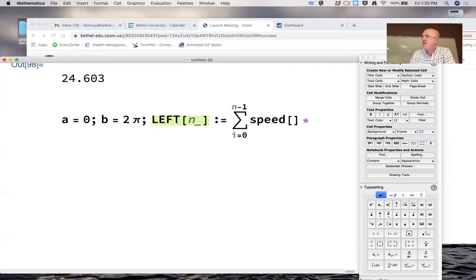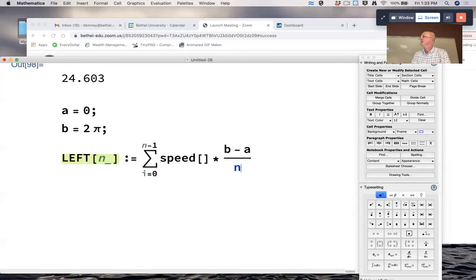I multiply the values of the speed, which gives you the height of the approximating rectangles, times the width of each rectangle, delta t. But what is delta t? It's b minus a over n. Right? Take the length of the interval, which is b minus a, and divide by the number of pieces, and you'll get the width of each piece.